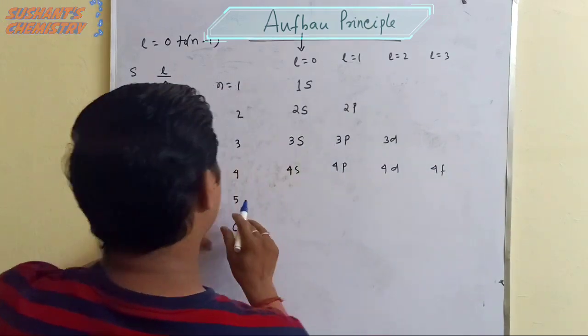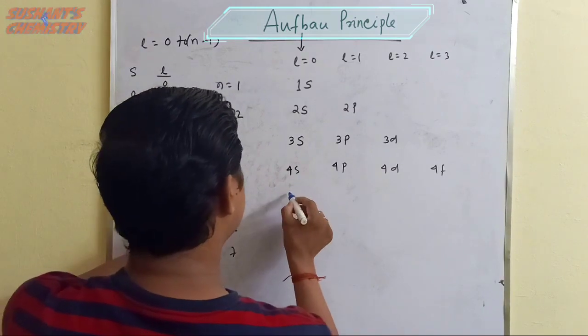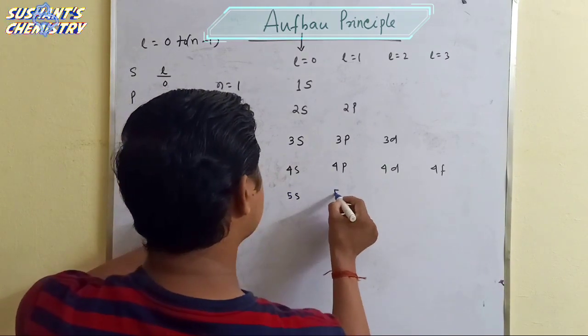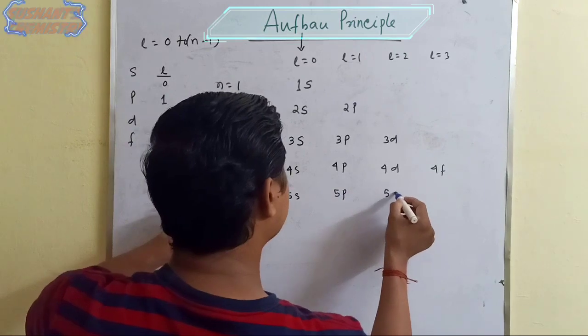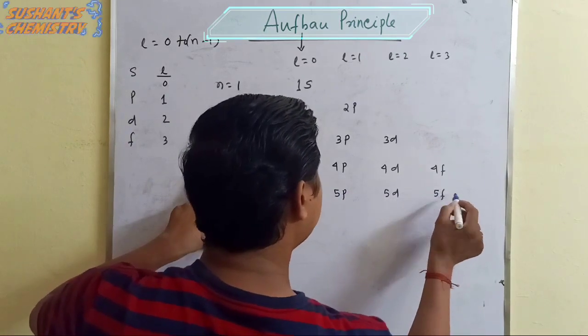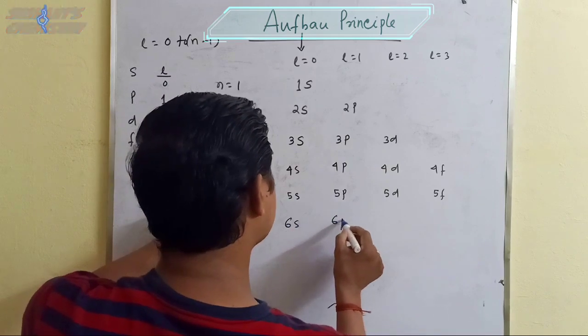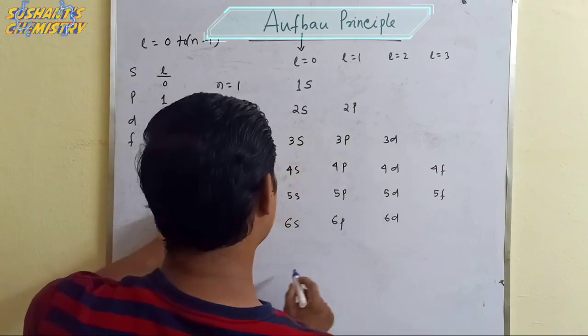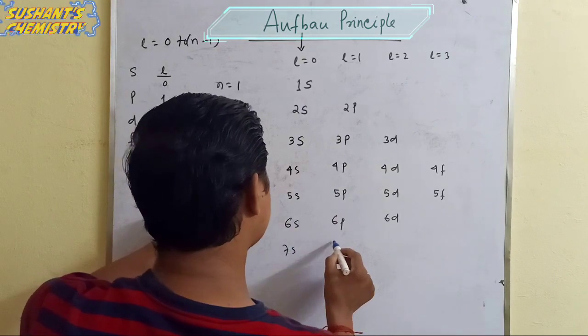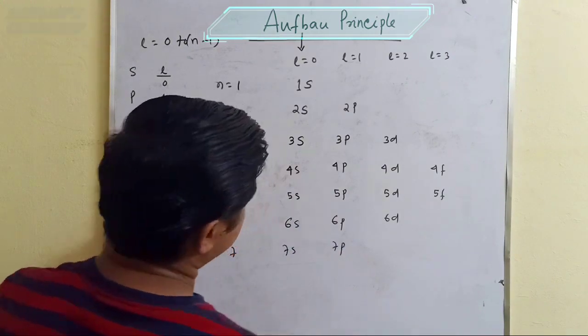For 5 we get 5s, 5p, 5d, 5f. Similarly, 6s, 6p, 6d, and 7s and 7p.